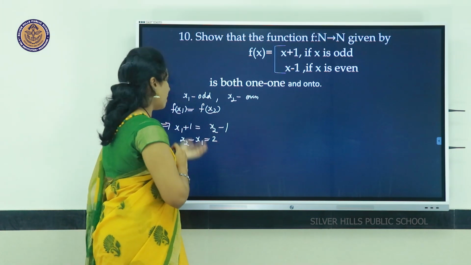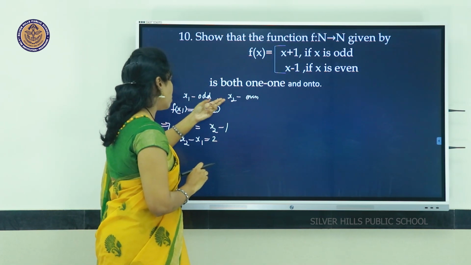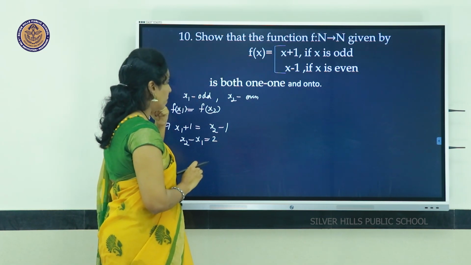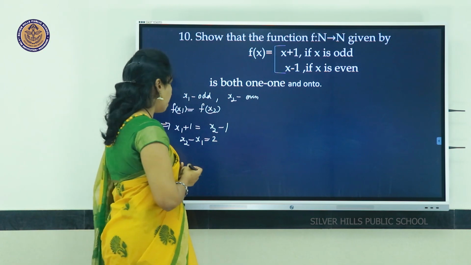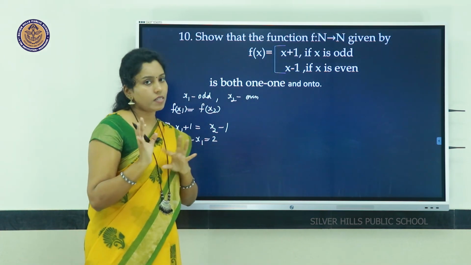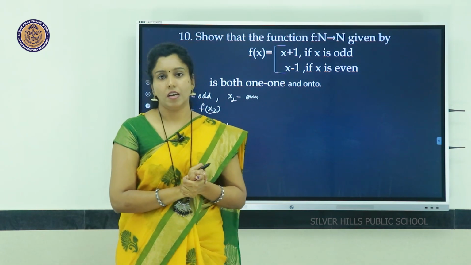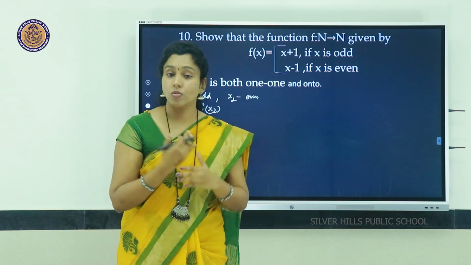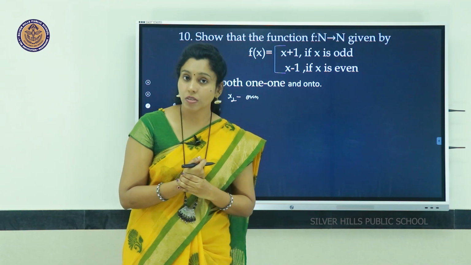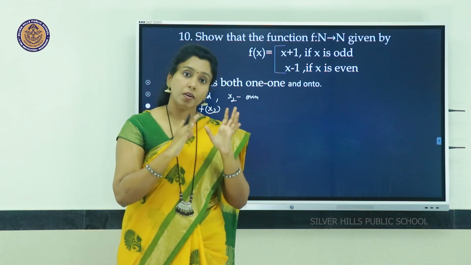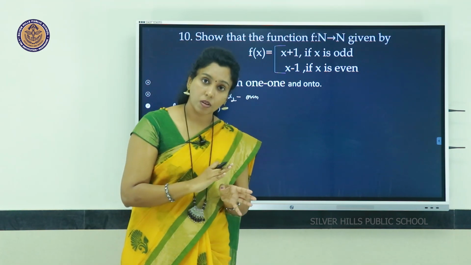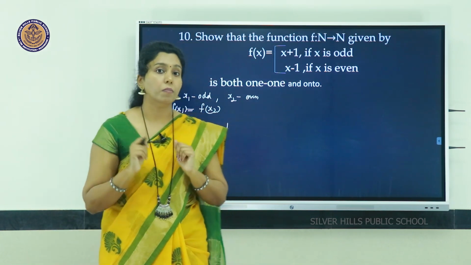Same way, if I interchange, that is, if I take x1 as an even number, x2 as an odd number, still you will see that the condition will not hold. We can verify it. So, how should we choose x1 and x2? x1 and x2 should be both odd, or both even.